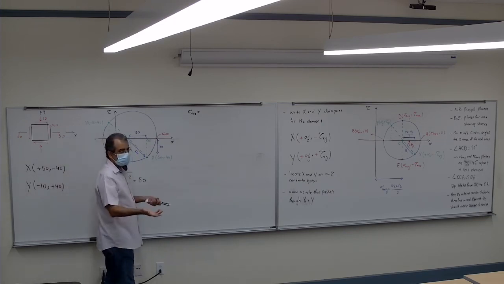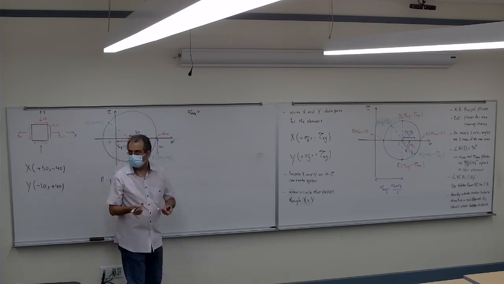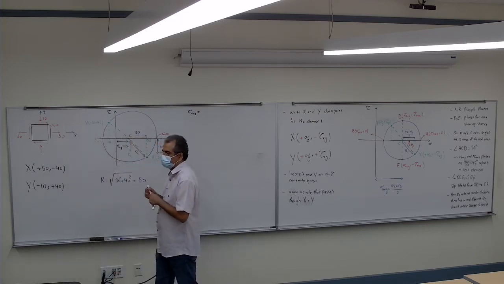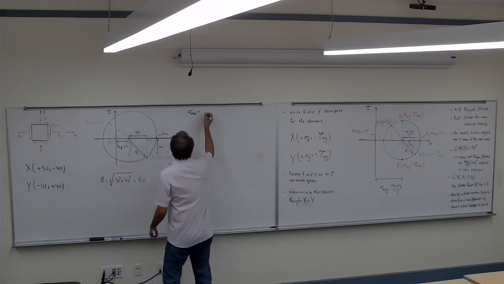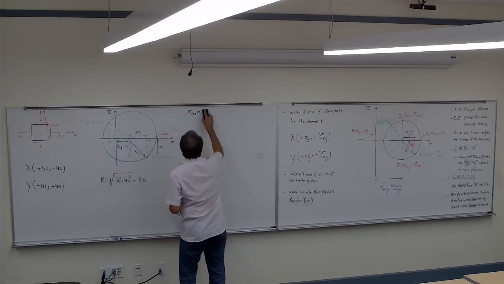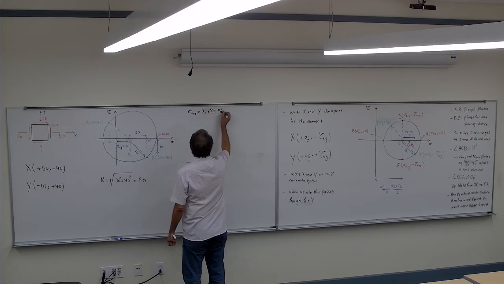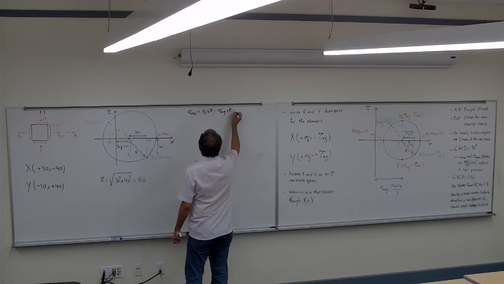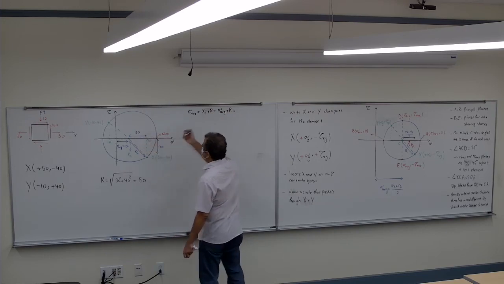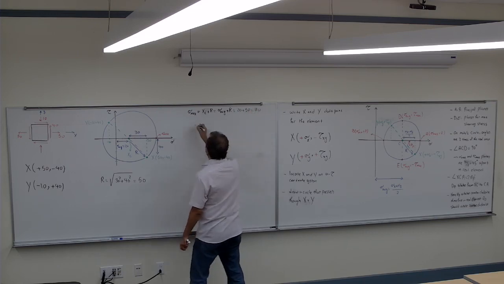So sigma max is the xc plus R, or basically the sigma average plus R, which would be 20 plus 50, would be 70.